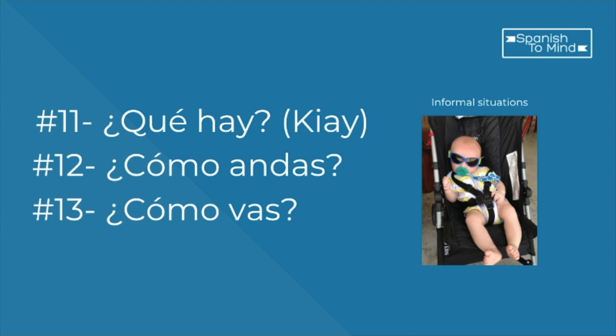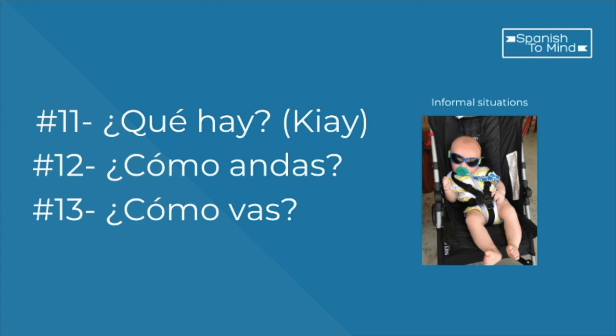Like when you want to talk to your family, your friends, maybe for that situation you want to use ¿Qué hay? That's how most Spanish speakers would pronounce that. ¿Qué hay? ¿Cómo andas? ¿Cómo vas? So that would be for informal and formal situations.